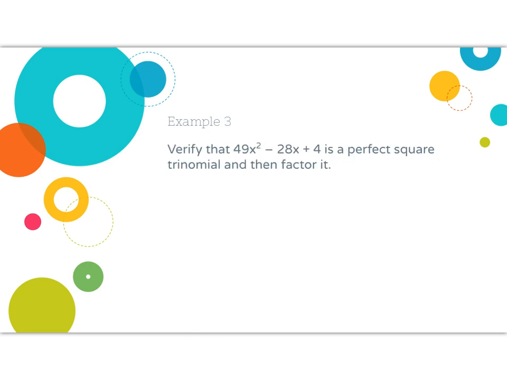The last task here, or it could be our exit task, verify that this is a perfect square trinomial and then factor it. Again, the first and the last terms need to be perfect squares. So the square root of 49x squared is 7x. The square root of 4 is 2. The middle term is 2 times the square root of 49x squared, which was 7x, times the square root of 4, which was 2, and that would be 28x.